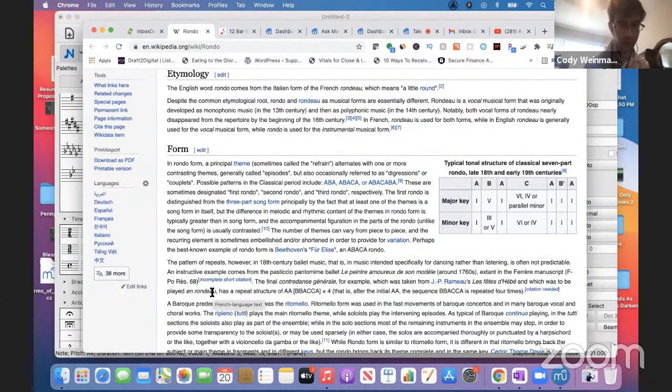The best known form of rondo that we have is called A-B-A-C-A. The common refrain that keeps coming back is A. They say Beethoven's Für Elise is one of the most popular ones.